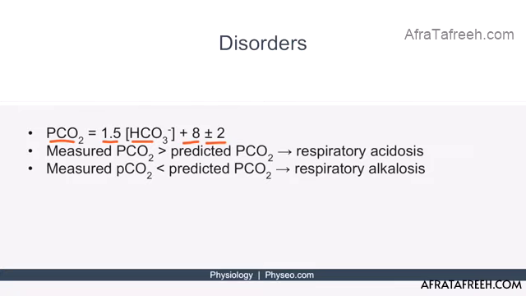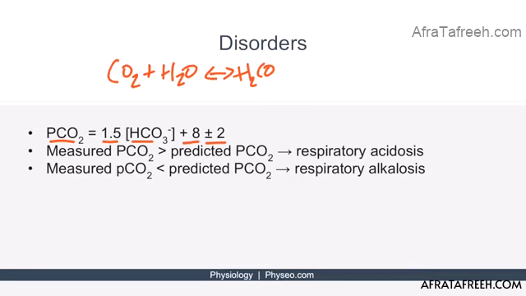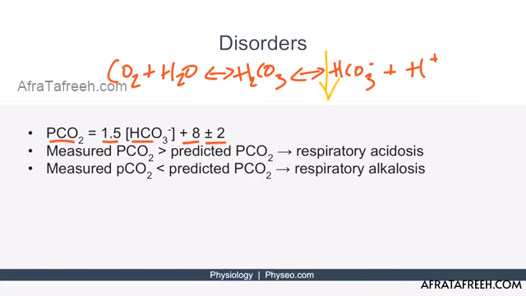Let's say a patient has a metabolic acidosis and we're trying to find out if the lungs are adequately compensating. So remember the equation: carbon dioxide plus water reacts to form carbonic acid, bicarbonate, and acid. In a metabolic acidosis, we know that the bicarbonate concentration is low, resulting in excess free hydrogen ions.